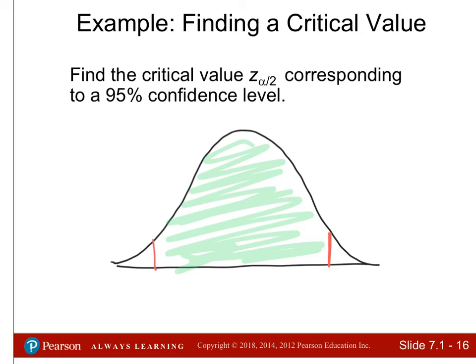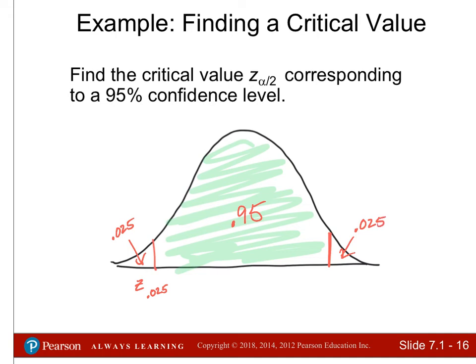I need to find those two boundaries. These are the z sub 0.025, because 95% confident means that these two areas have to total 0.05, or half to be 0.025 each.